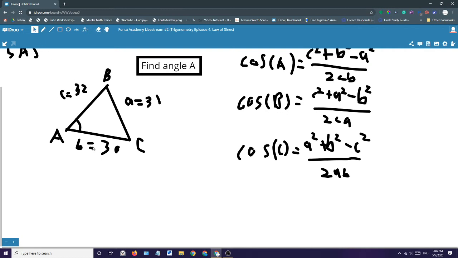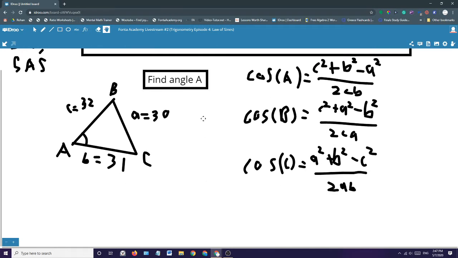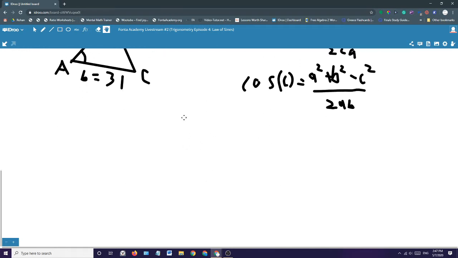Actually, I'll make this 31, and then I'll make this 30, because it only makes sense. I highly encourage you guys to copy this formula down for side, side, side.